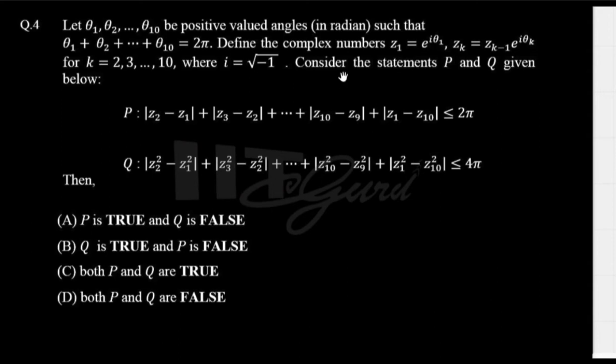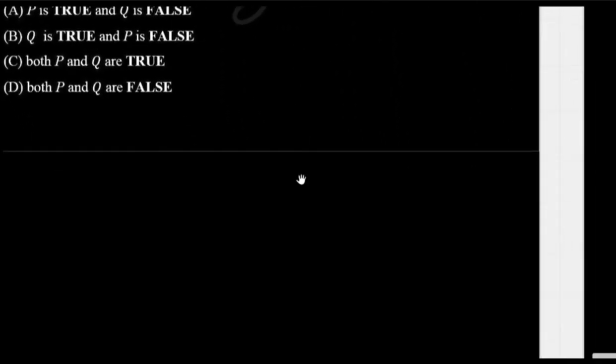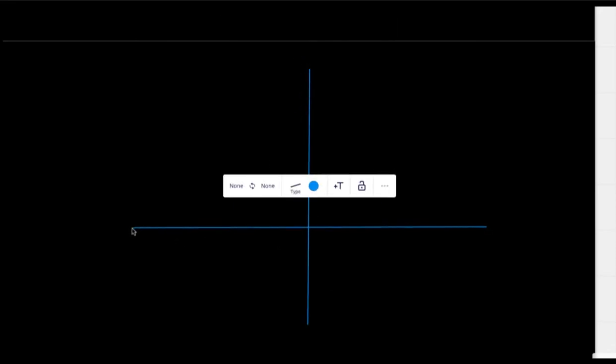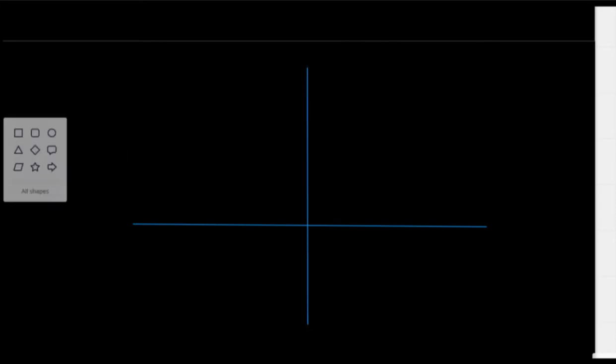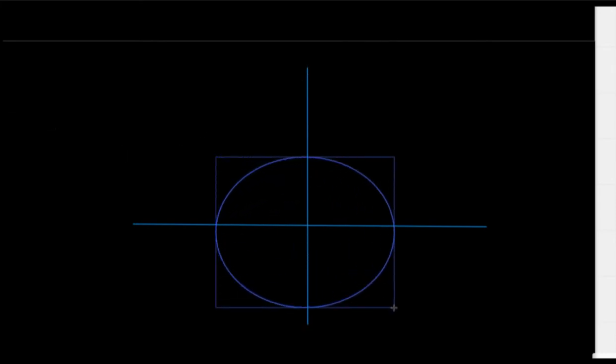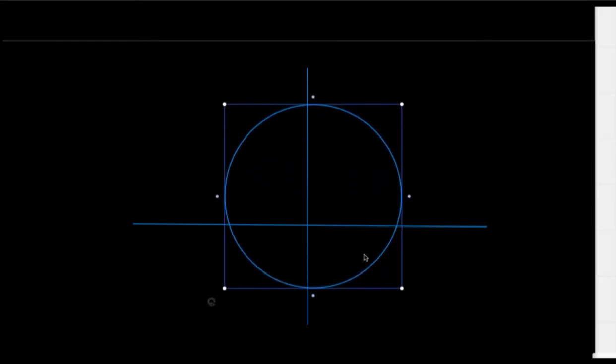Let's say a circle of unit radius. So first we draw the circle. Let me draw the circle here. Let's say this is the circle. This is the x-axis and y-axis actually. You see over here. Let me draw the circle.